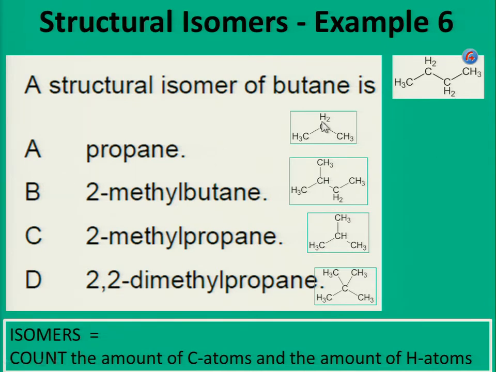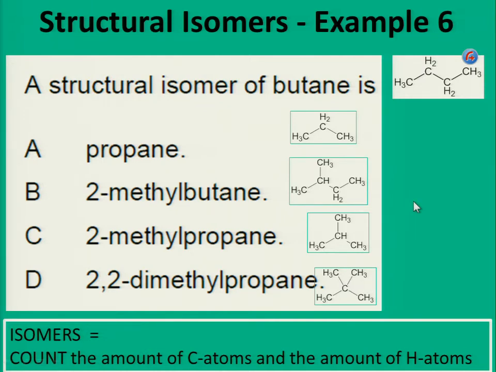Propane, 1, 2, 3. 2-methylbutane. 1, 2, 3, 4 with a methyl substituent. 2-methylpropane. 1, 2, 3 with a methyl substituent. 2,2-dimethylpropane. 1, 2, 3 carbons with 2 methyl substituents.